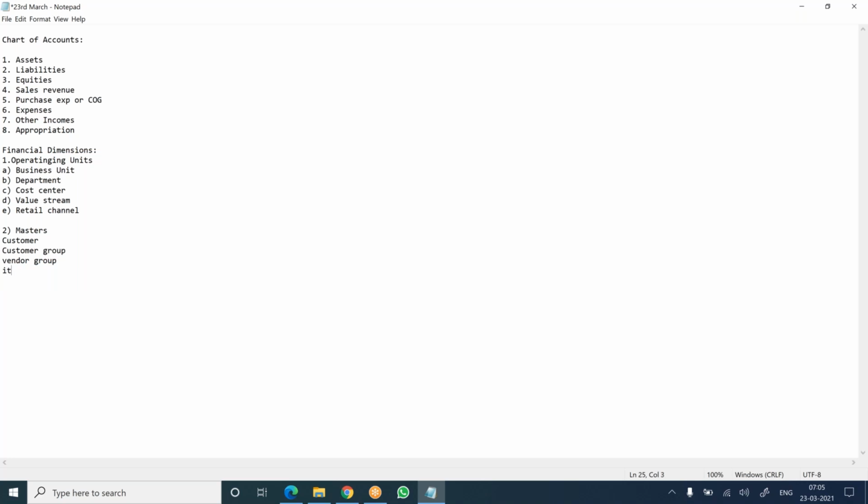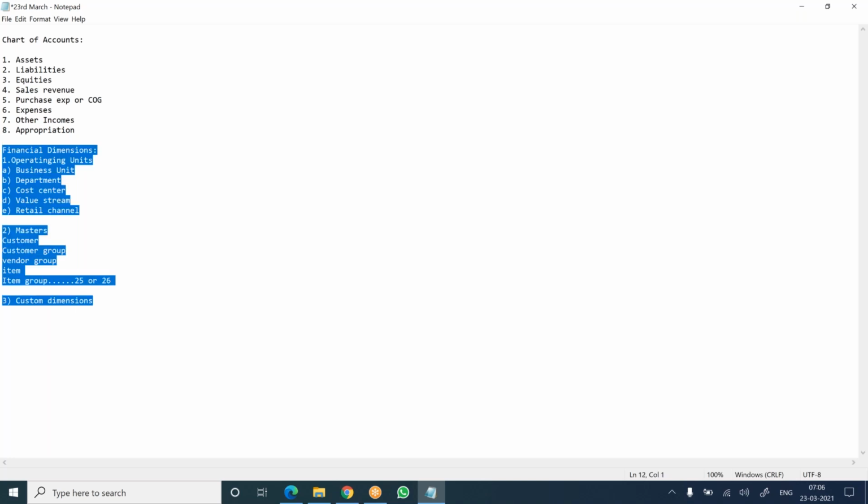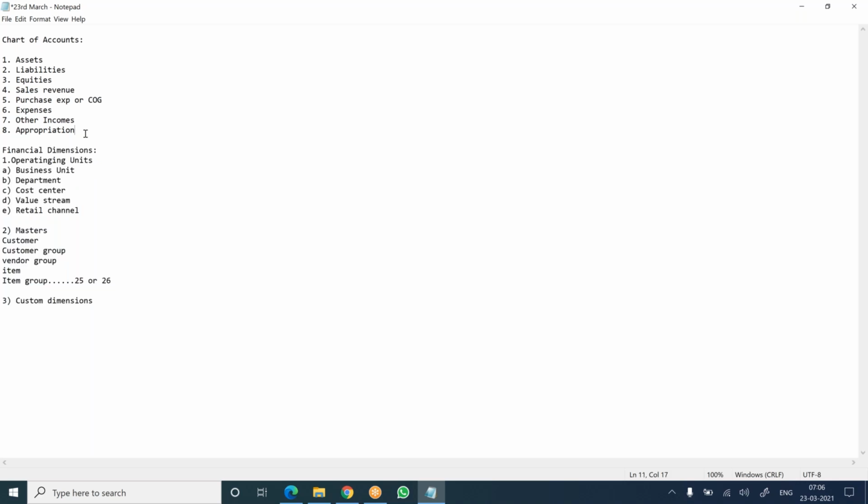To be frank, around 25 to 26 are available, and these can be used as a dimension. Third one is custom dimensions. Custom dimensions is whatever you want, you can create as a dimension. Okay, these are dimensions. This is chart of accounts classification.